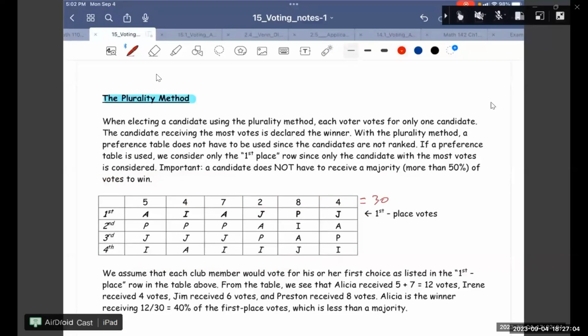So we have 30 voters. And for the first place votes, we can see these cells right here. So we have A, I, A, J, P. That is the first place for the voters.